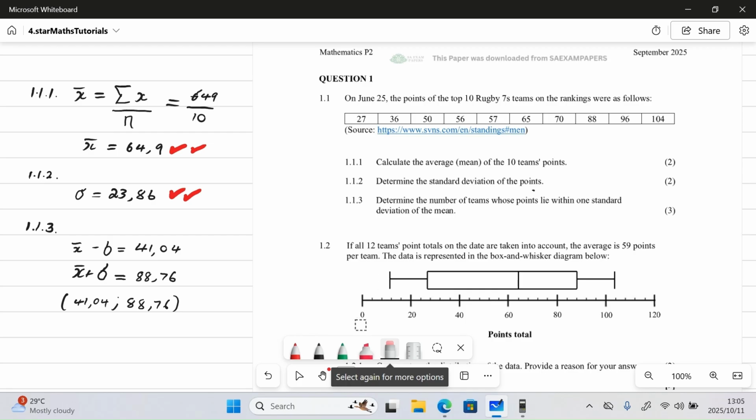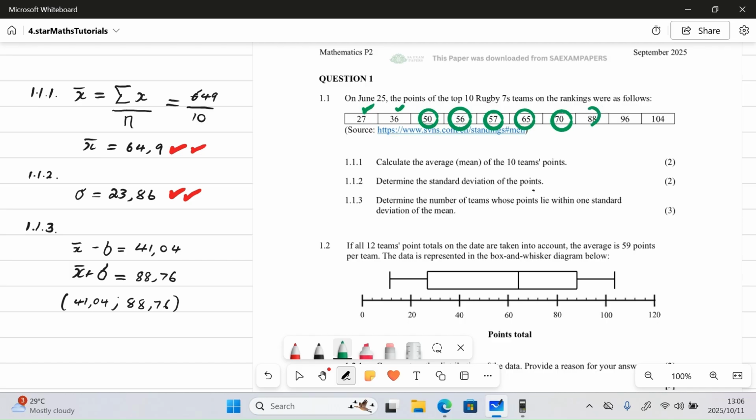If you check, this is not within, this also is not within, it's not greater than 41.04. This one is the first one to be greater than that, which is 1. The second one, 2, 3, 4, 5. This one is still greater than 41.04 but less than 88.76.